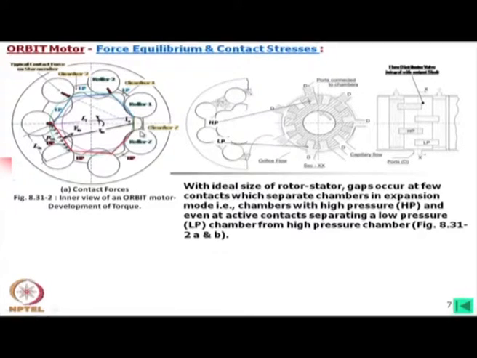Now, this beam is supported by how many supports? At least the number of chambers plus 1 divided by 2, or minus 1 divided by 2. This is for an odd number of chambers, we are considering odd number of chambers.